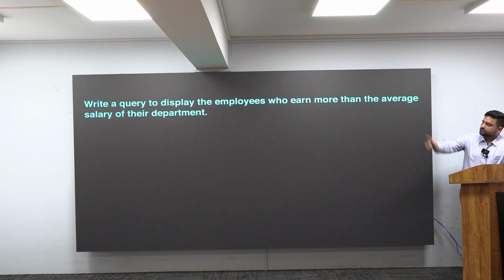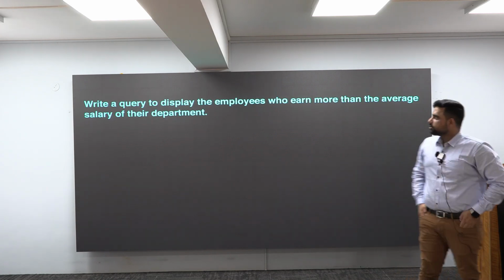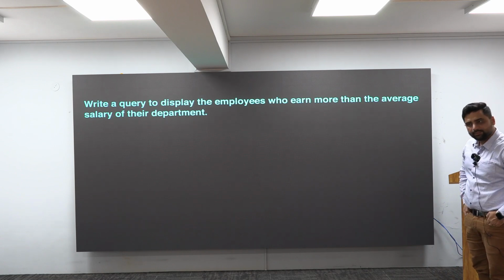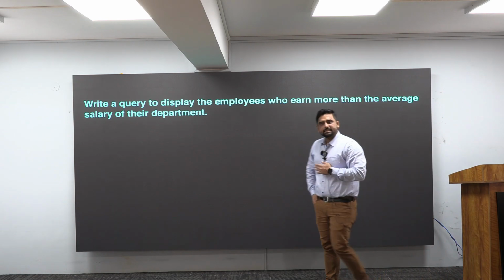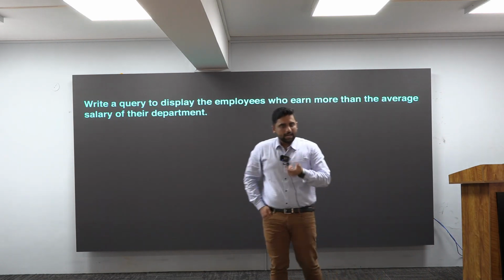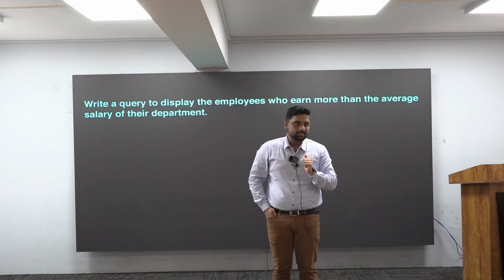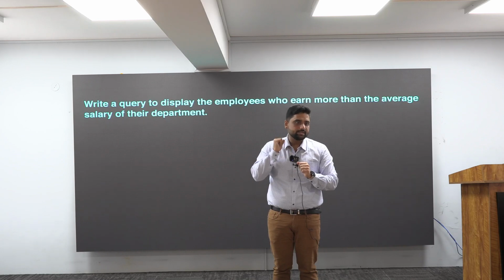How many of you have understood the question that I have displayed? See, it is very simple. Write a query to display the employees who earn more than the average salary of their department. For example, if I am from the HR department, my salary must be greater than the average salary of the HR department, then only you print me.